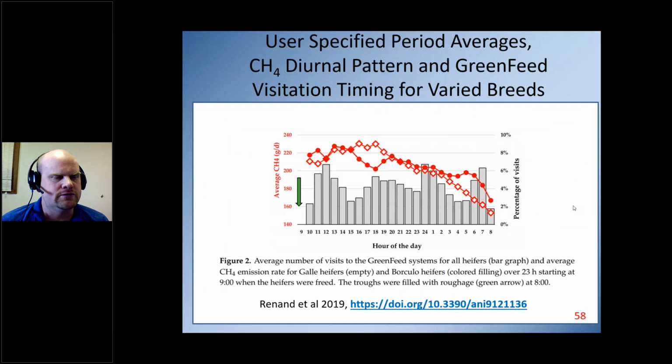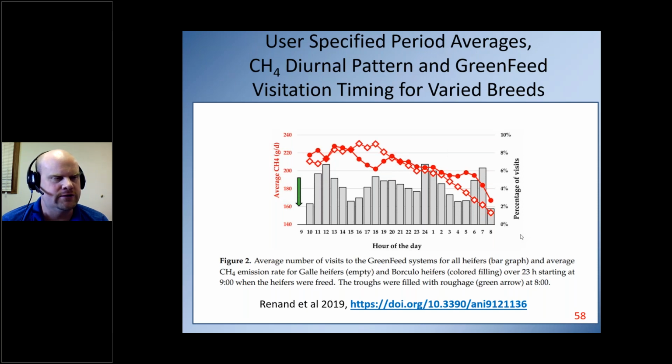This would be another example just published by Gilles Renad at INRA, where two different types of heifers are studied. So here again, we have hour of the day, we have visitation, and then how emissions are different between the animals over the course of the day.